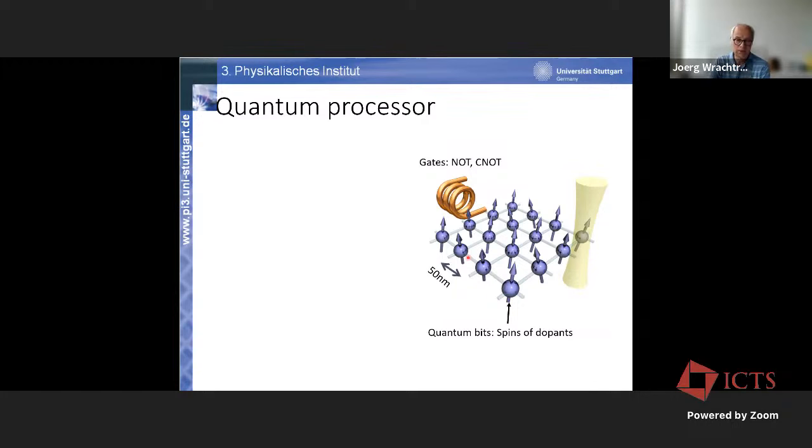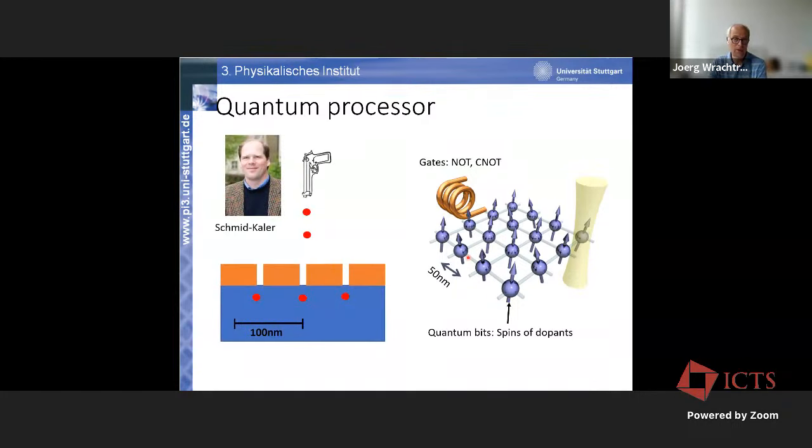Now, the first challenge is to make these arrays, and we team up with people from atom optics to do so. Essentially, because our quantum bits are these NV centers, we need to spatially produce these arrays, and this we do by shooting nitrogen ions into diamond with specific ion sources.